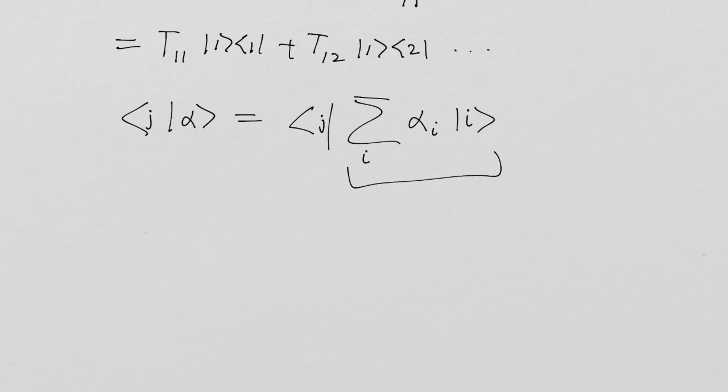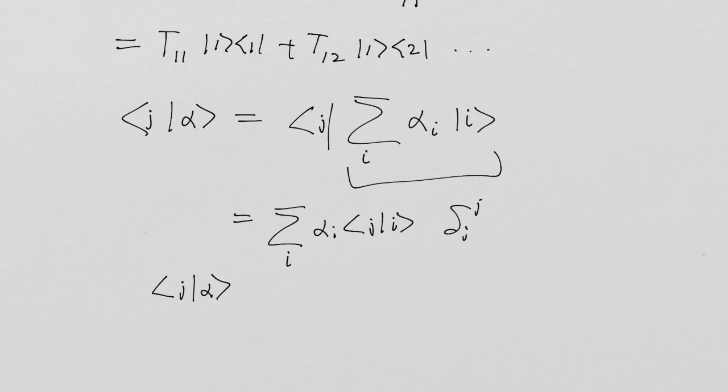Now, by linearity, I can immediately move this all inside, like so, and now you start to see, oh, this is again why orthogonality is important. This becomes the delta function of j and i, and so now I can write that the inner product of the basis vector j with alpha equals, this delta function is going to kill the sum and leave me with alpha_j.